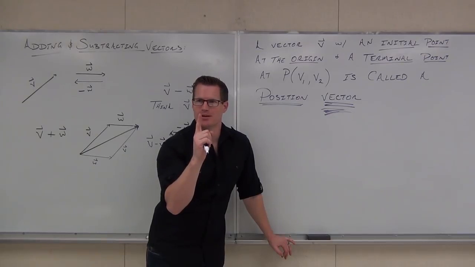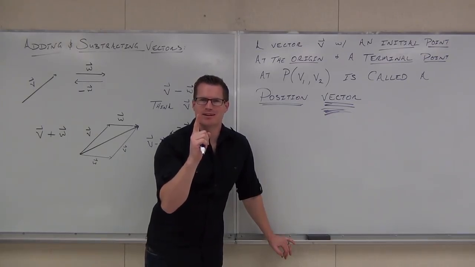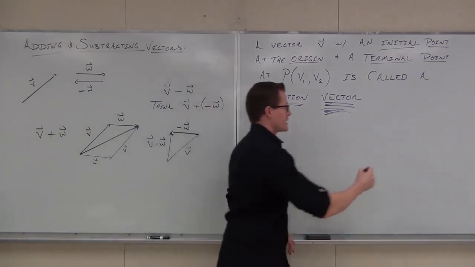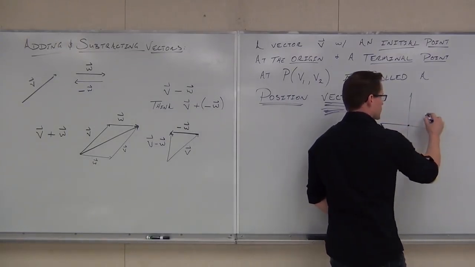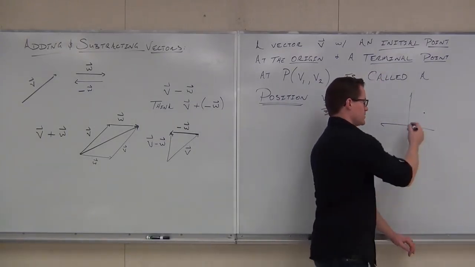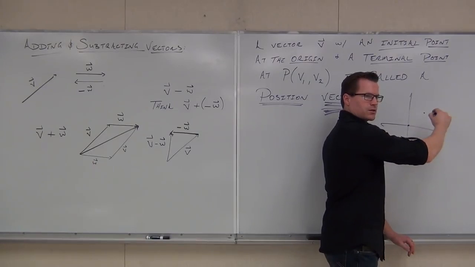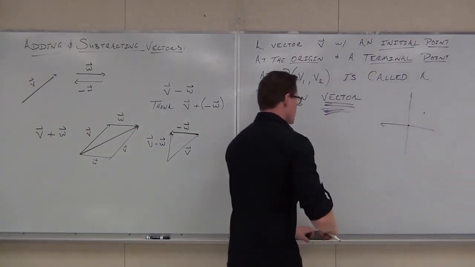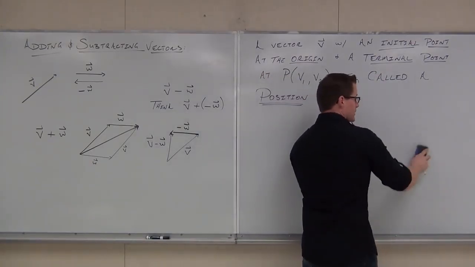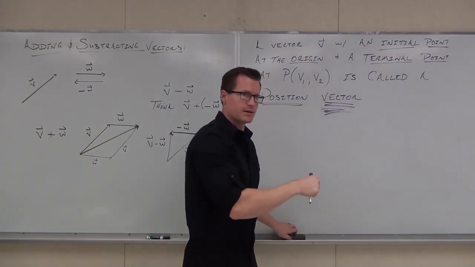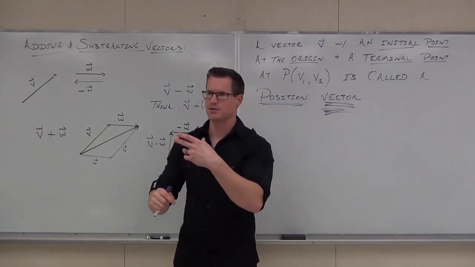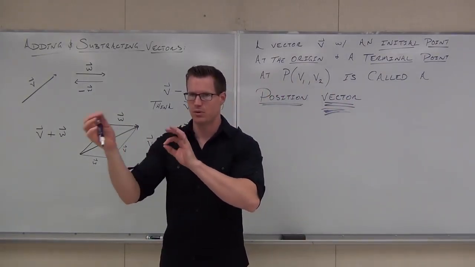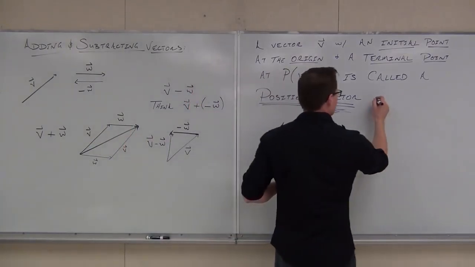Rosetta Stone's paying off, by the way. I think that means only one. One. If I say, here's an XY plane, here's the origin, get to that point, how many ways can you do it? Well, you can't do this. One vector does that. So this is called the position vector of this point, because there's only one that goes from the origin to every unique point. That means we have this one-to-one relationship between points and position vectors.